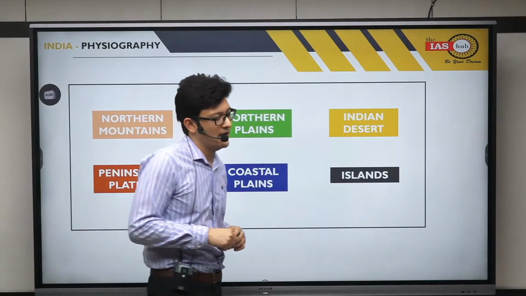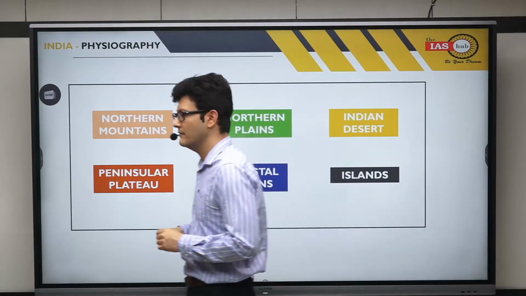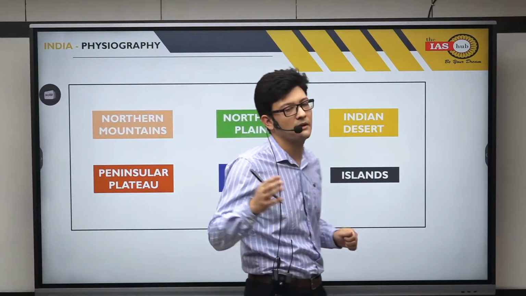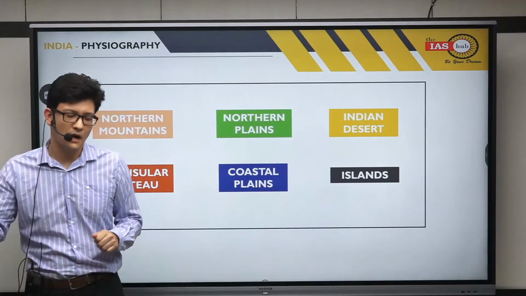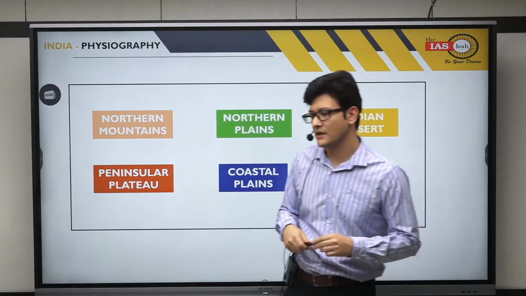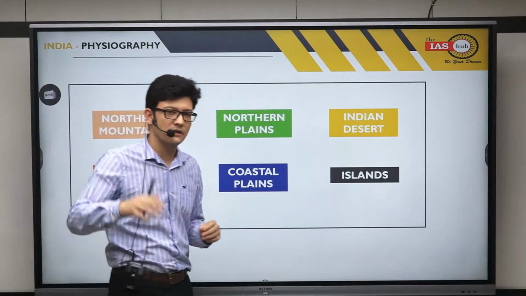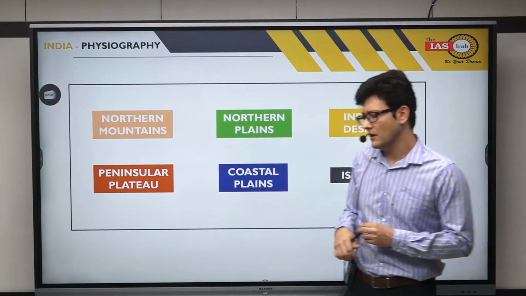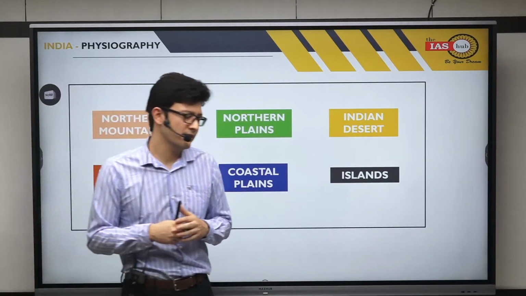Then from the Satluj river towards the Kali river, we have the Himachal hills. Then we have the Kumaon hills. Then from the Kali river towards the Teesta river, we have another division, and from the Teesta river towards the end of the Purvanchal, we have the last division. Accordingly, we have divided the northern mountains of India in these 2 divisions.